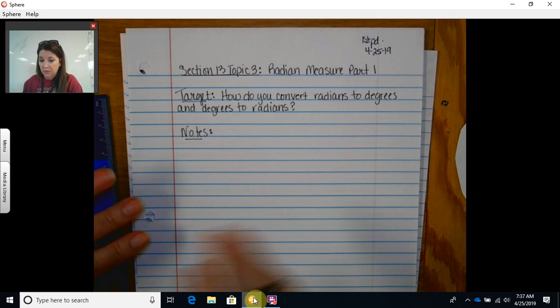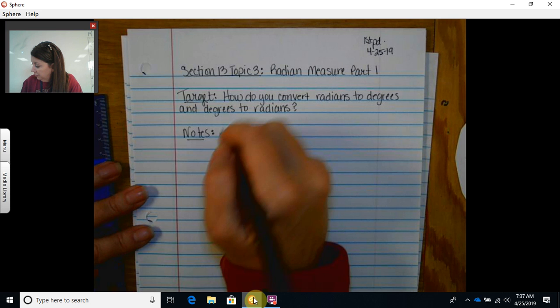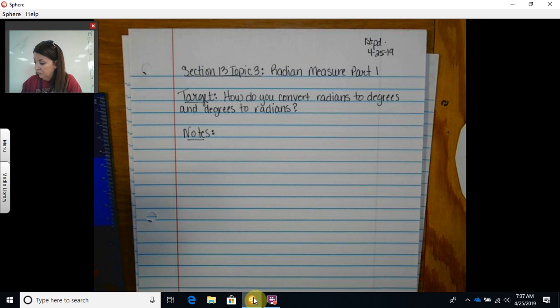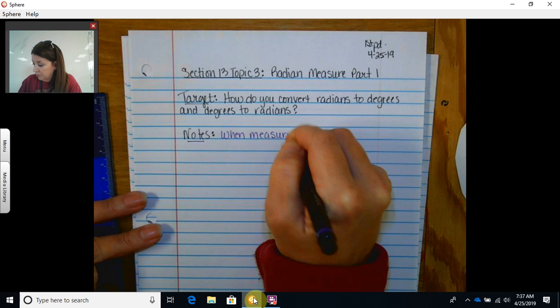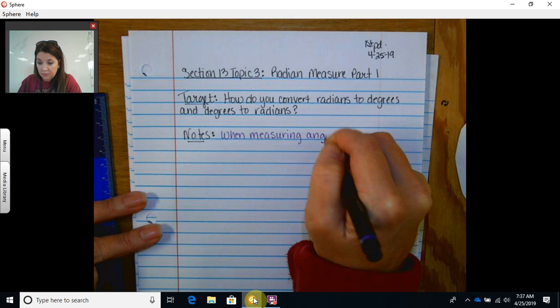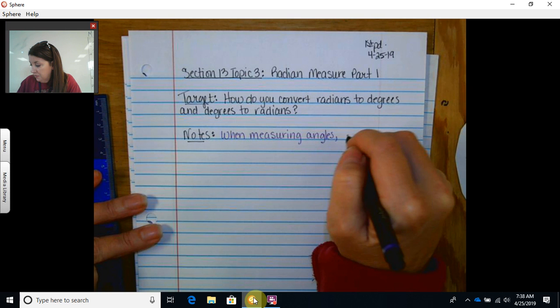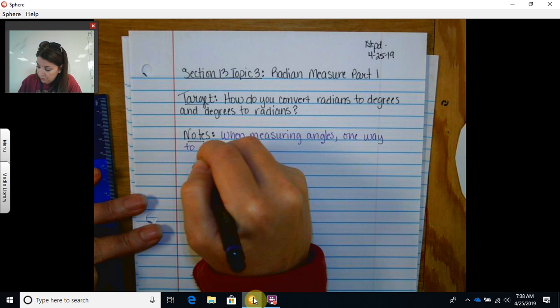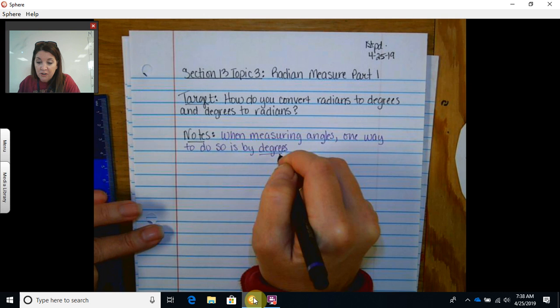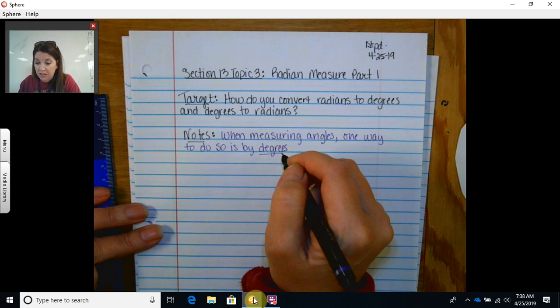All right, when measuring angles, one way to do so is by degrees. But another way to measure is in the number of radians.